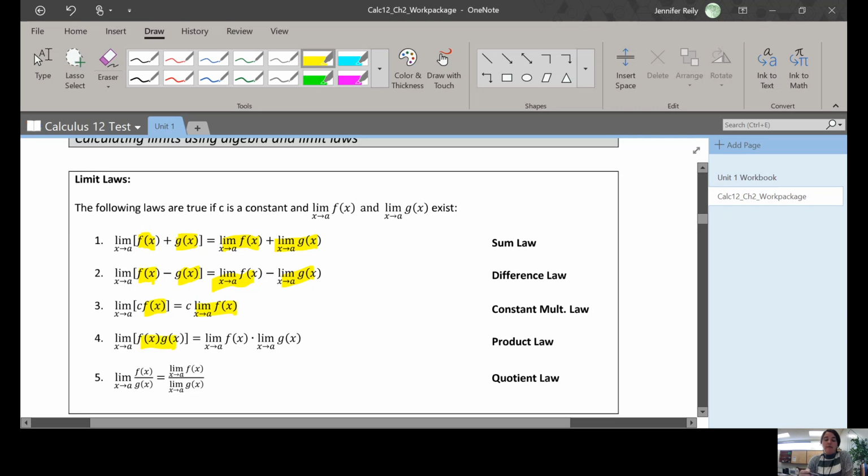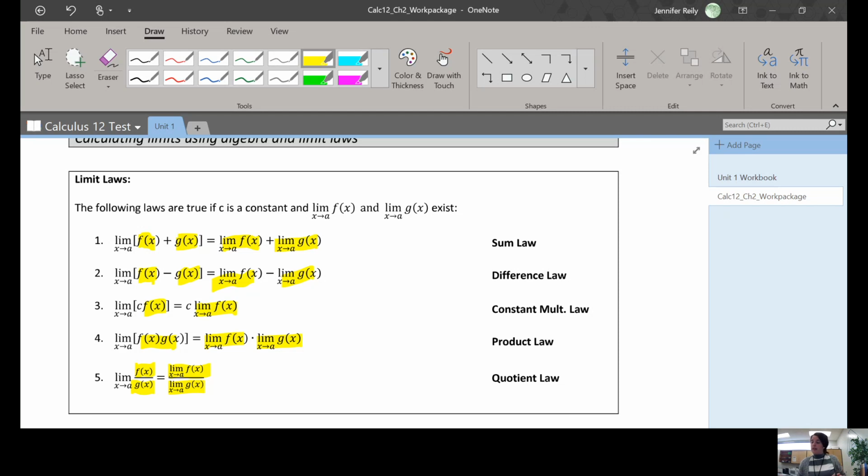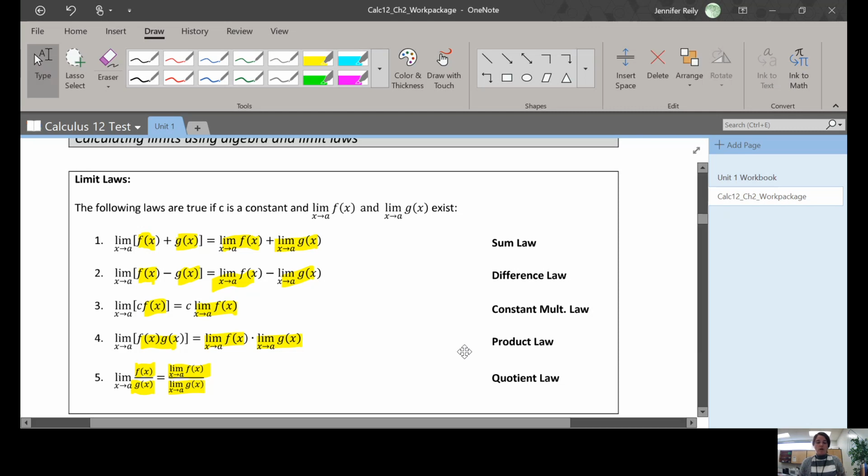And if you're multiplying two terms together, you can do the limit of those separately and multiply the answers, and same for if you're dividing. Okay, you can consider them separately. So those are just basic. I think they'll make more sense when we do the examples.